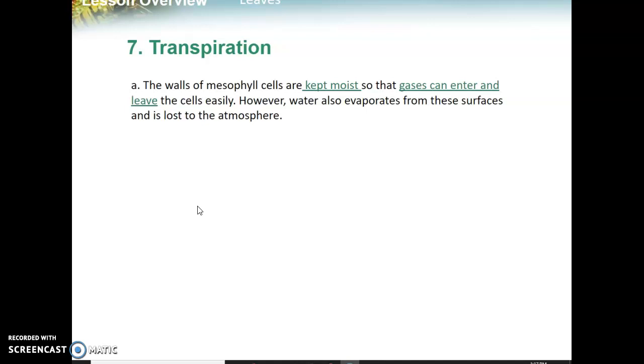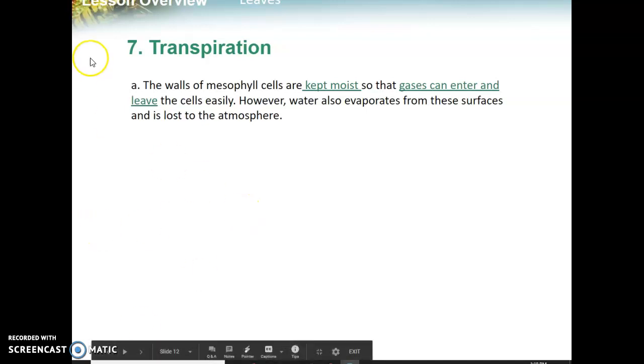Carbon dioxide that is taken into the plant, which the leaf needs to do photosynthesis, goes through the moist epidermal layers of those cells in the spongy mesophyll and goes into those cells so that the leaf can use it. Extra oxygen that is made in the cells goes through the epidermis of the spongy mesophyll cells and gets into that empty space in between so that it can eventually exit the plant.